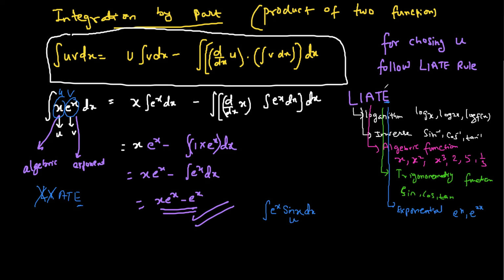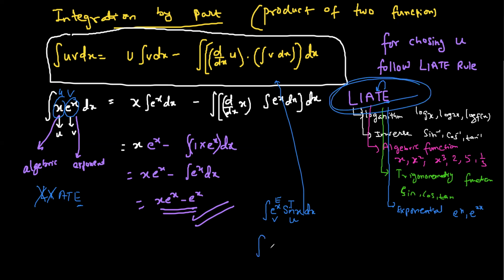Why? T comes before e. T means trigonometric function. This is a trigonometric function and this is an exponential function, right? So this is u and this is v. And then use this formula. Okay. In a question, the order is given in any form, but you have to choose in this way.